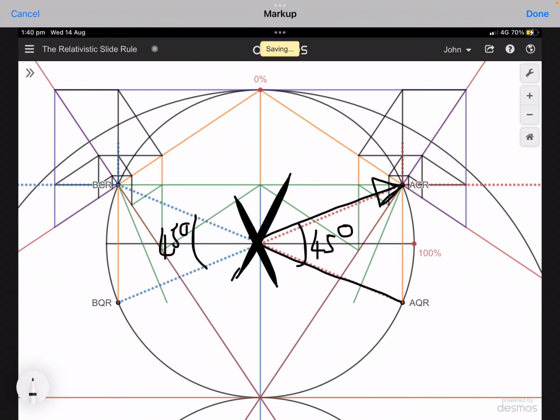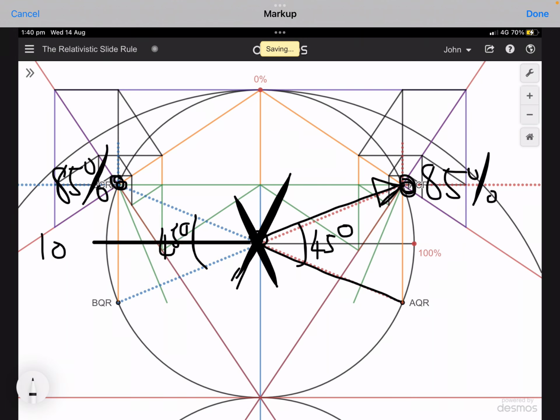This is relativity, so they're on different lines of simultaneity. Their measurements have a probability of 85% of being successful, and if they're successful, then it collapses to the 100% here.